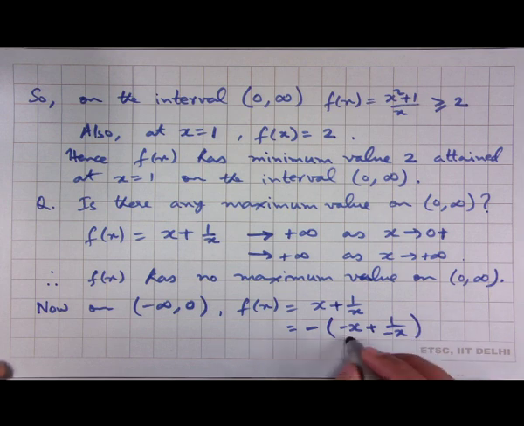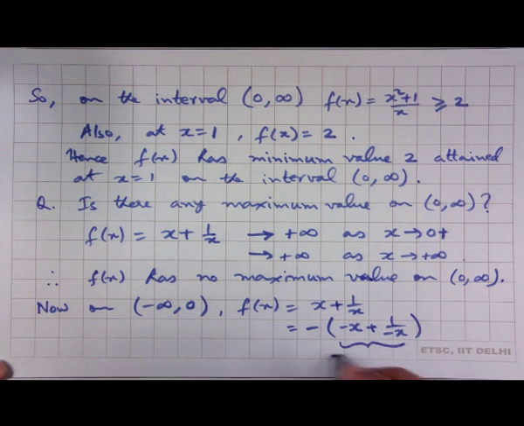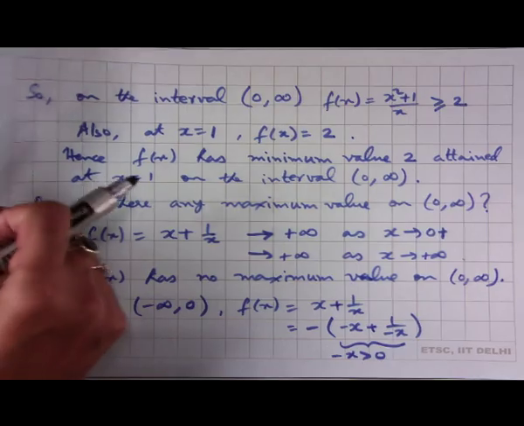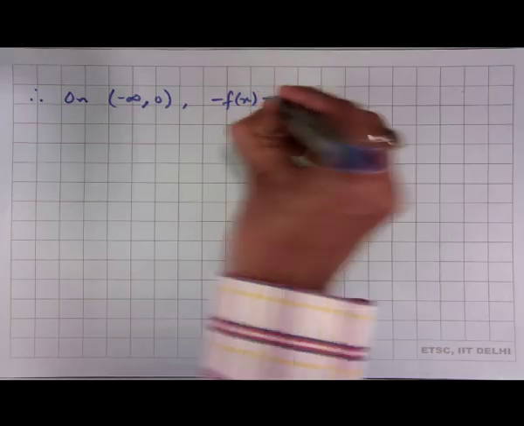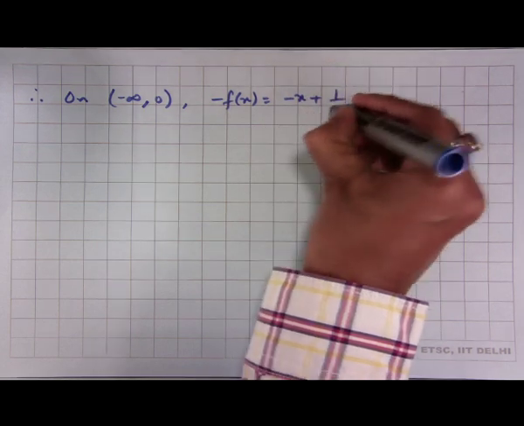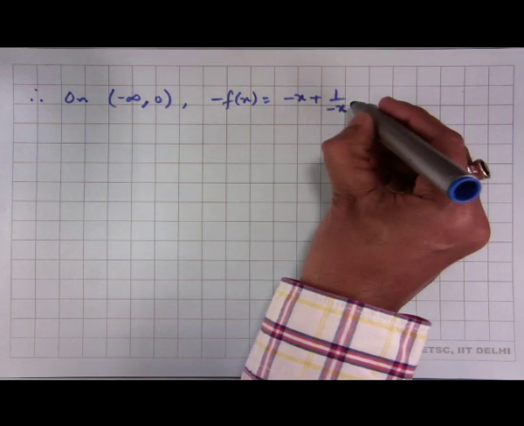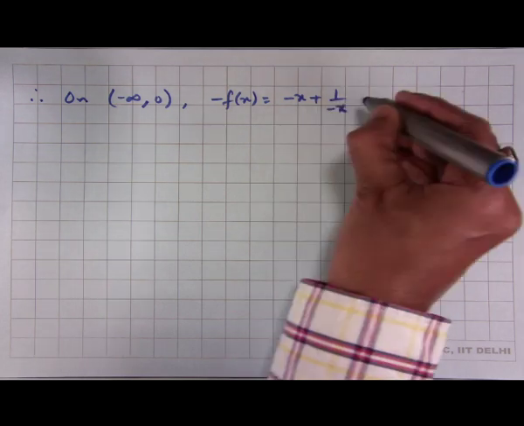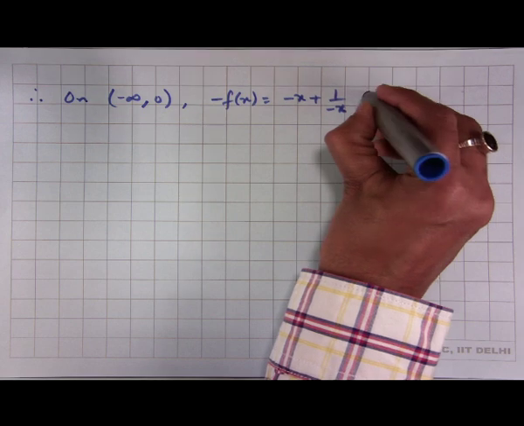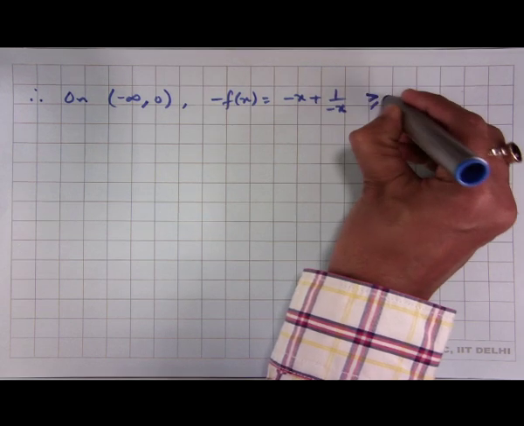Here minus x is positive, so by using the previous one, on minus infinity to 0 we have minus f of x equal to minus x plus 1 by minus x. Because minus x is positive, we have already seen that this is greater than or equal to 2.